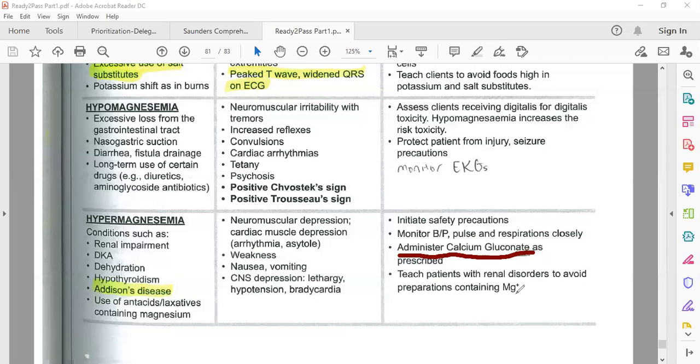Before we finish this chapter, let me explain a little bit about phosphorus. Phosphorus, we write like this, okay? There are 3 positive charges here.